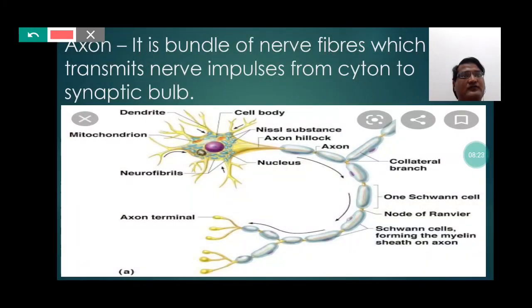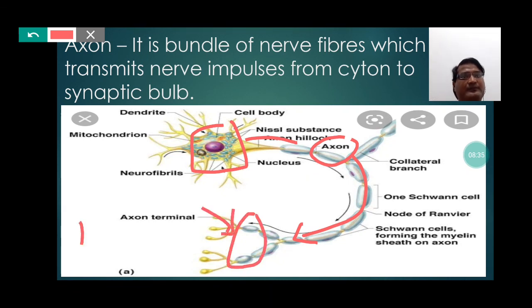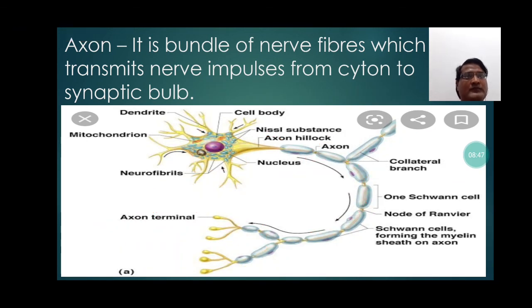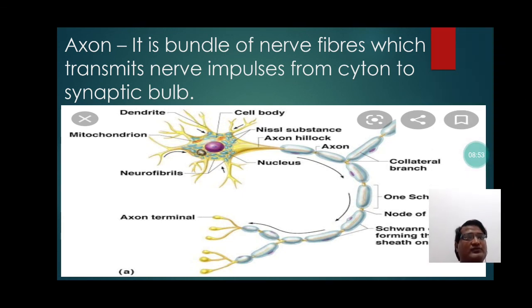So students, axon transmits the impulses from the cyton to the synaptic bulb. Now students, these are the synaptic bulb. And this is how the nerve impulse gets transmitted from one nerve cell to another nerve cell.